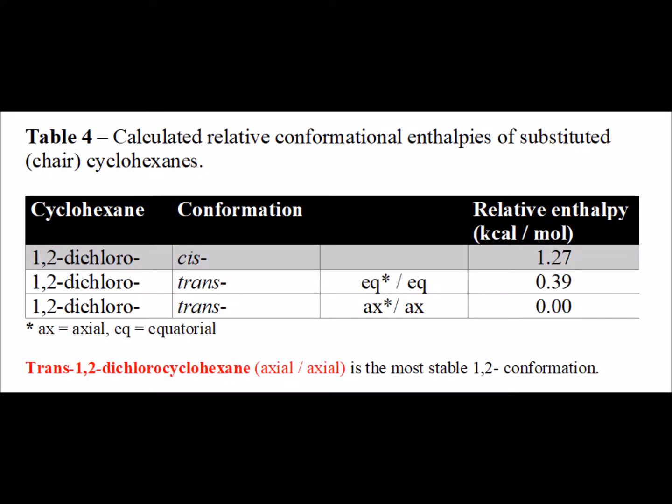Table 4 displays the computed enthalpies for the various 1,2-dichlorocyclohexanes, showing that the trans case, where both the substituents are in axial positions, is the lowest energy, followed by the trans case where they're both in the equatorial position, and that the cis conformation is the highest, but only by about 1.27 kcals per mole.